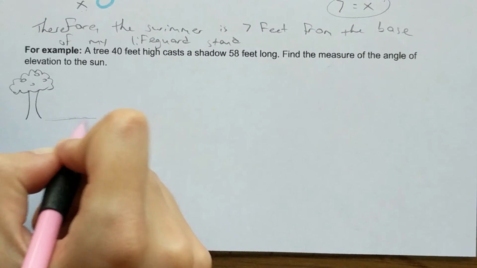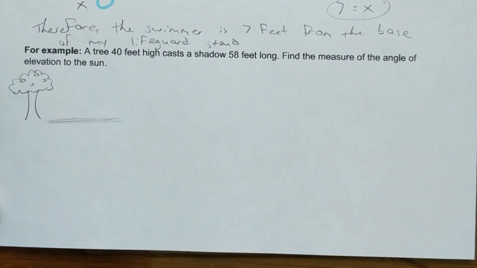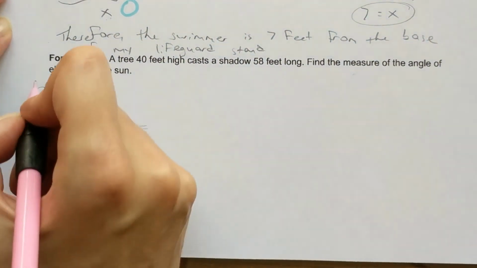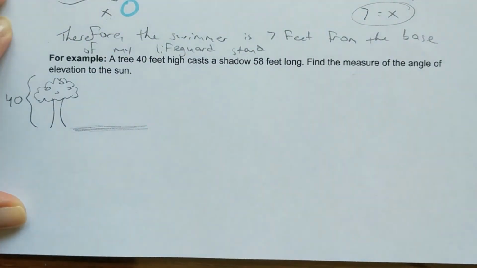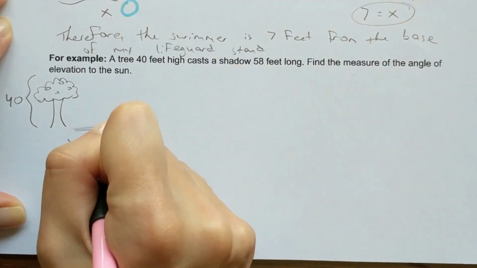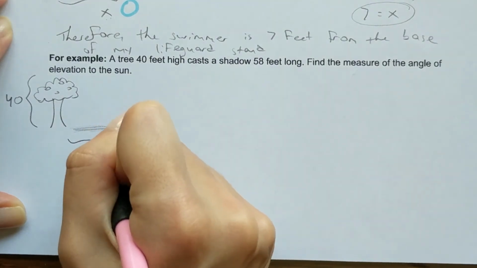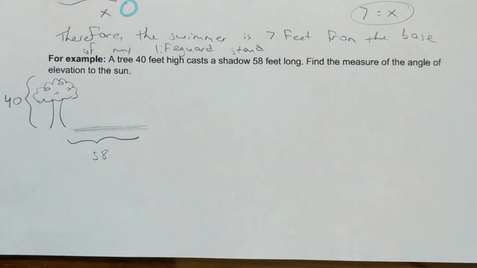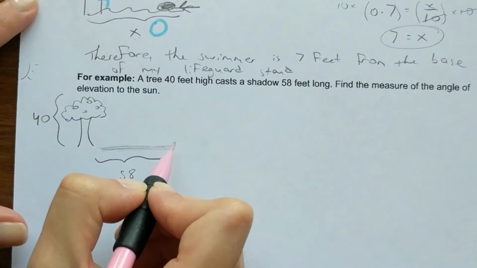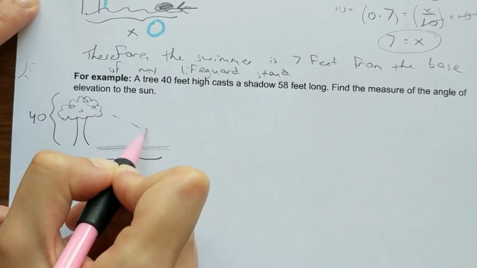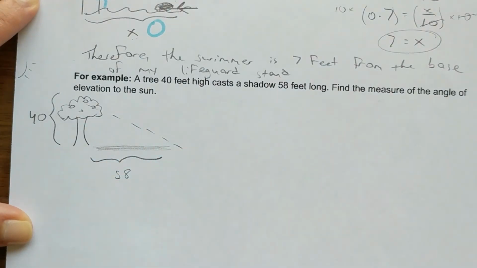And we have a shadow here. But we were told that the tree is 40 feet high, and our shadow is 58 feet long. We can imagine that the sun is somewhere over here. And so I can finish off my triangle just like this.